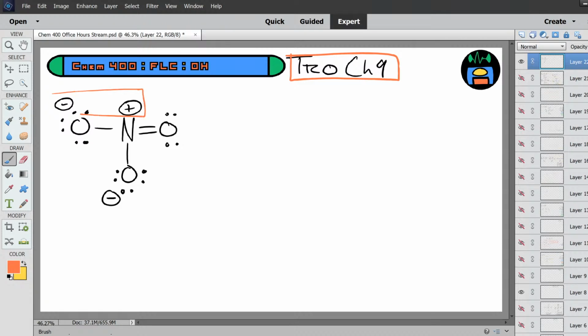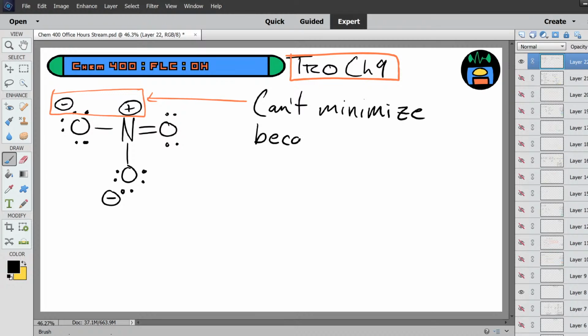So it might look like, oh, maybe we can minimize, but you can't minimize, because nitrogen cannot break the octet rule.